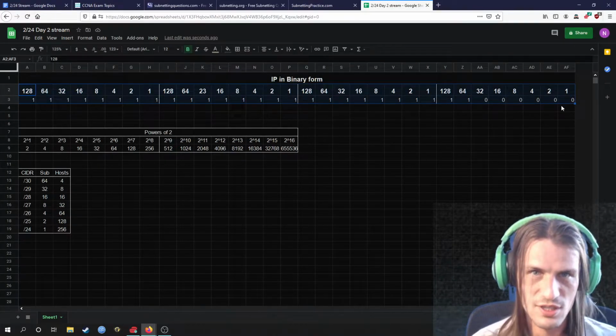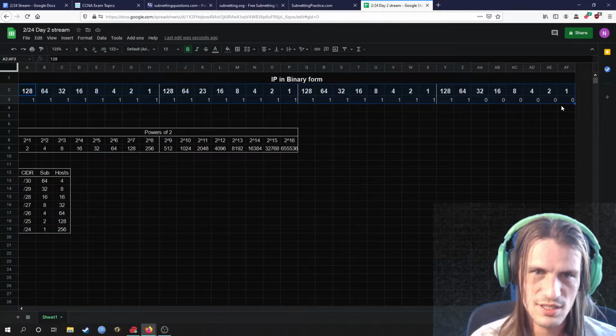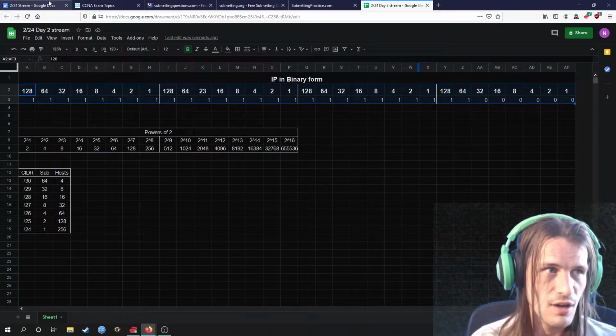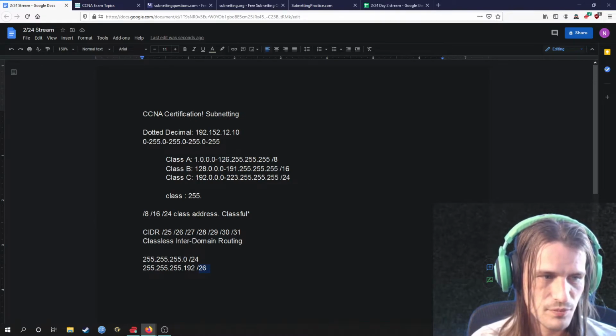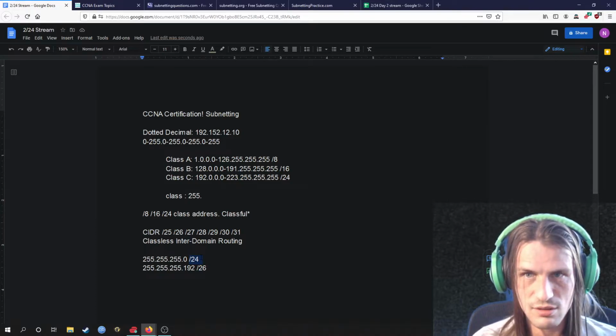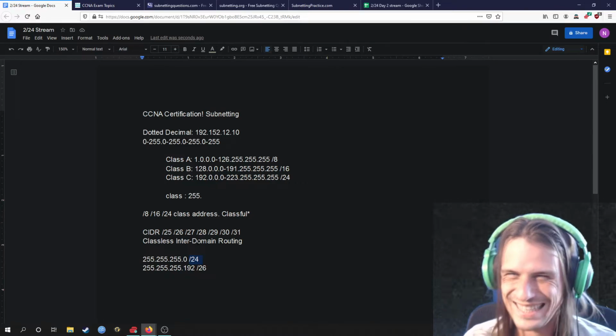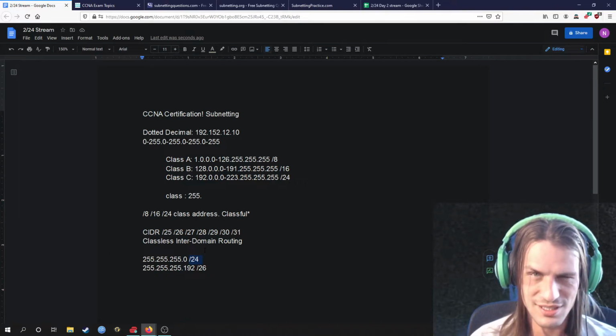They're just notation and conversions. So from binary to dotted decimal is a conversion. From dotted decimal to slash notation is not a conversion, it's just a notation. But you might need to convert back just to see what it looks like.